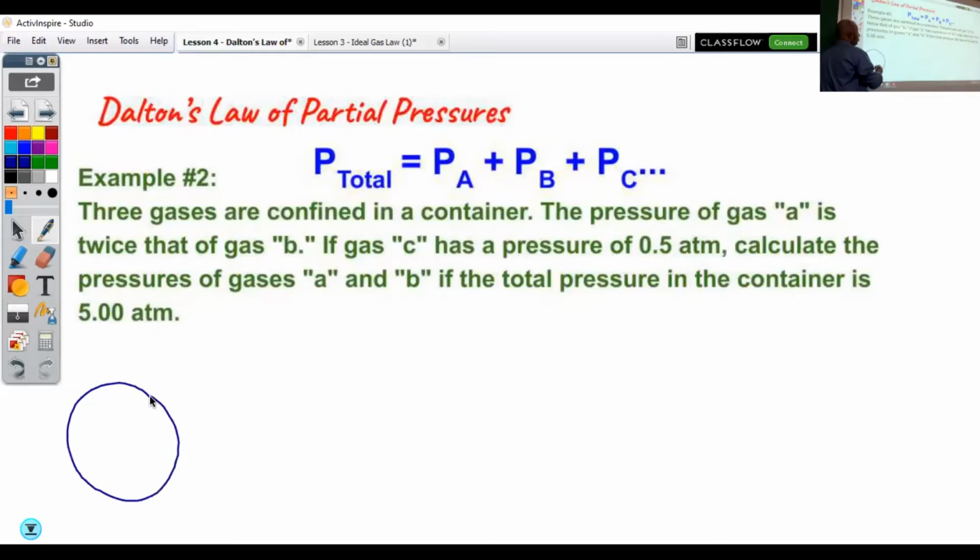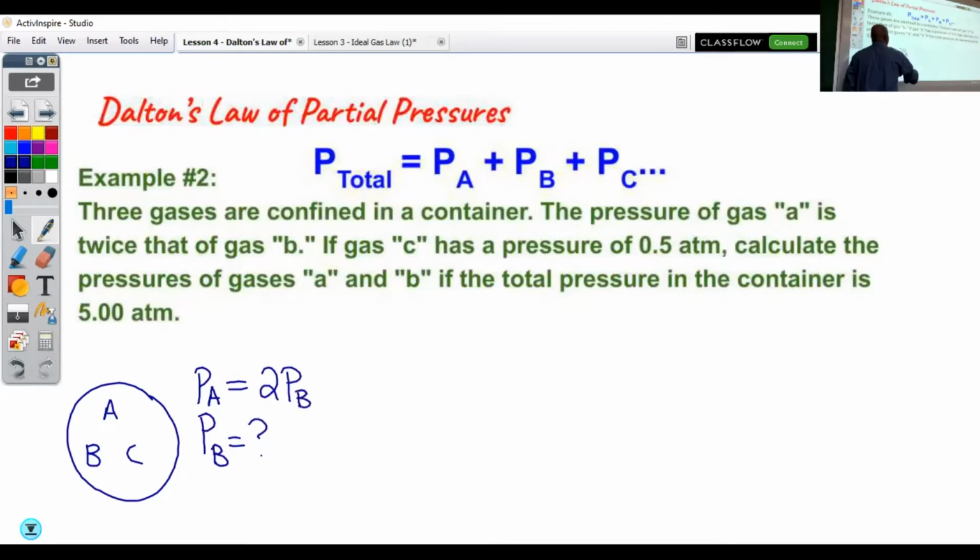This time, the gases are just referred to as A, B, and C. We're told that the partial pressure of gas A is twice that of gas B. So the partial pressure of gas A is equal to, so here's gas B. We don't know what that is, but we do know that A is equal to 2 times the partial pressure of gas B. Finally, we have a third gas, gas C, which has a partial pressure of 0.5 atm.